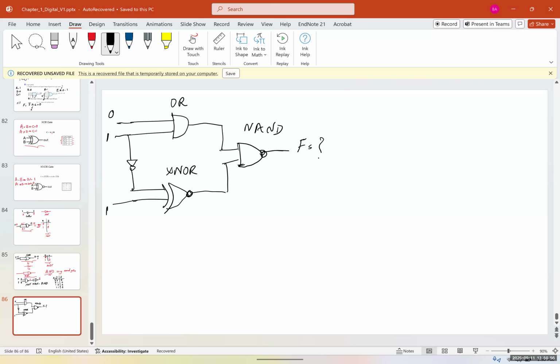And the last one is an AND gate. Did you all solve it or do you need a few minutes?